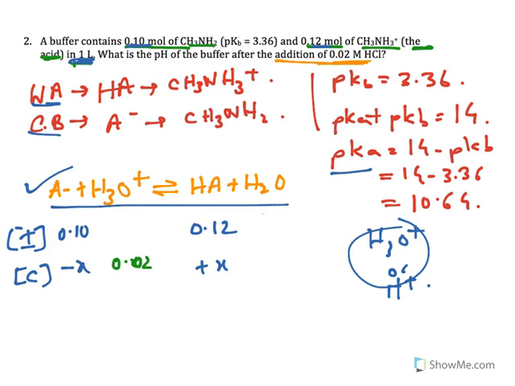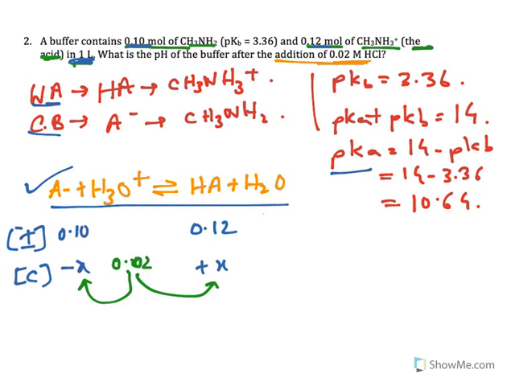The 0.02 is going to reduce the amount of base in the buffer, and it's going to increase the amount of acid as it neutralizes more base. As a result, at equilibrium, or finally, after everything's done, we're going to end up with 0.08 molar of our base, and we're also going to have 0.14 molar of our weak acid.